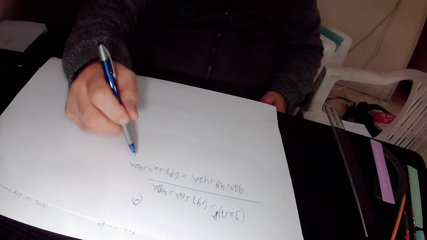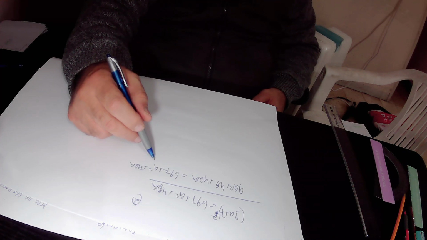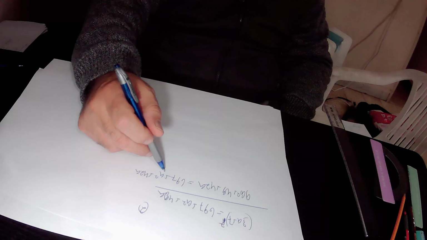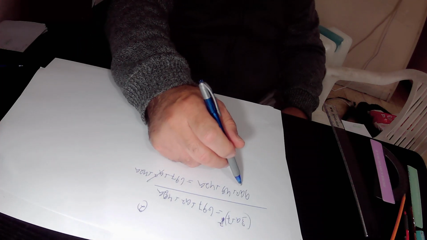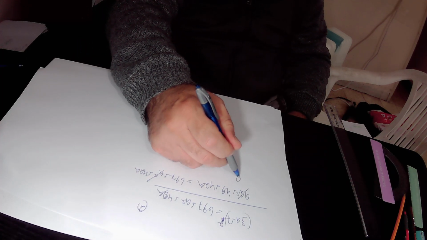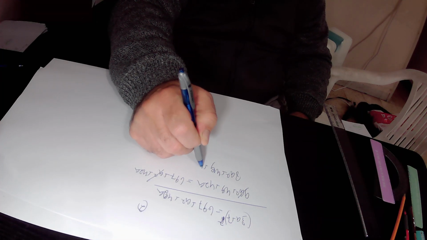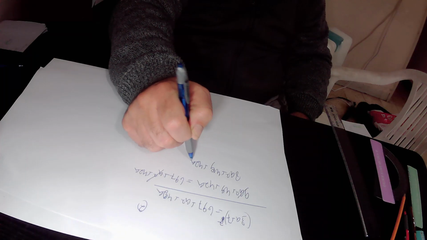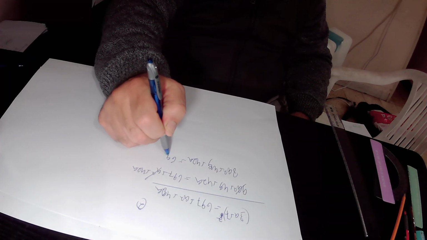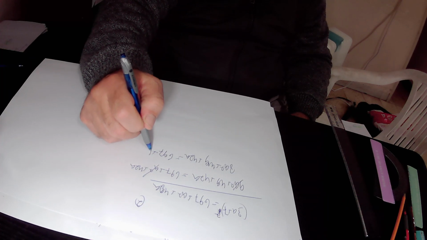Here we subtract a squared from this equation. So here a squared will get cancelled. Here we have 9a squared minus a squared is 8a squared plus 49 plus 42a equals 697 plus 42a.